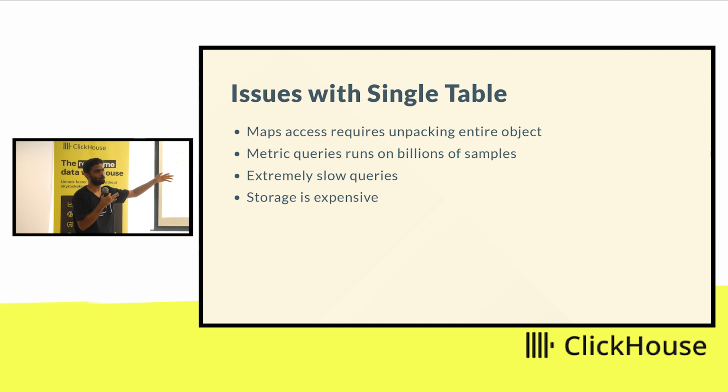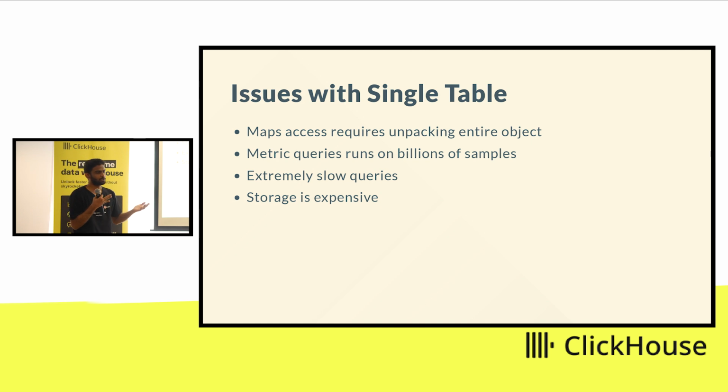It was extremely slow, not because ClickHouse is slow, but because ClickHouse ends up unpacking lots of maps and then reading unnecessary data. Your query is only as fast as the amount of data it is reading. The less data you read, the faster the query. Because we cannot predict which attributes they are going to access beforehand, it ends up being extremely slow.